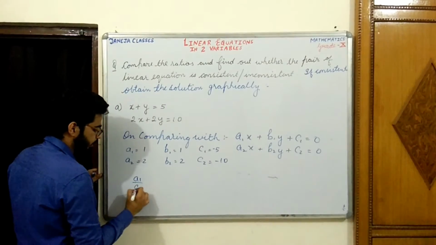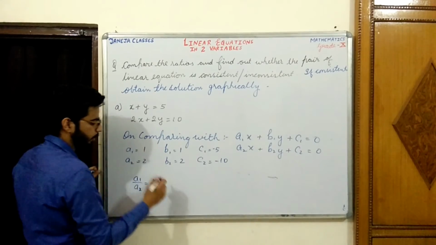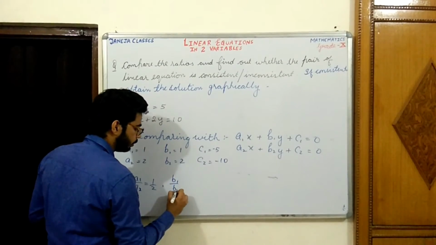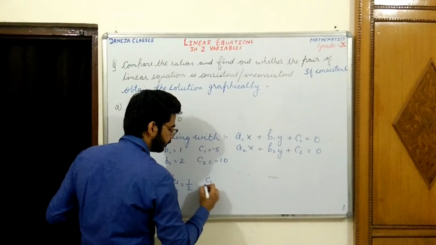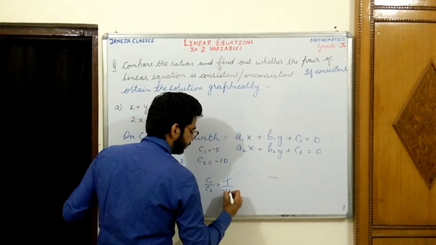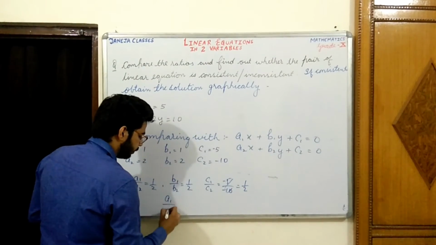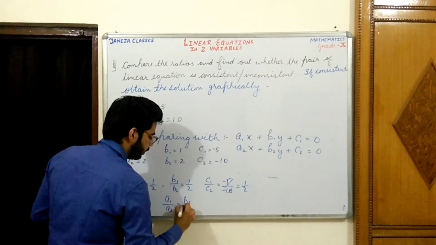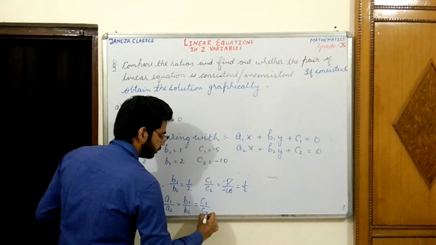So let us find the ratio a1 over a2. Clearly it is visible that a1 upon a2 is 1 upon 2 and b1 upon b2 is also 1 upon 2. So the first two ratios are equal. Let us check the third ratio whether it is equal or not. So minus 5 upon minus 10 will also be equal to 1 upon 2. So a1 upon a2 is equal to b1 upon b2 is equal to c1 upon c2.